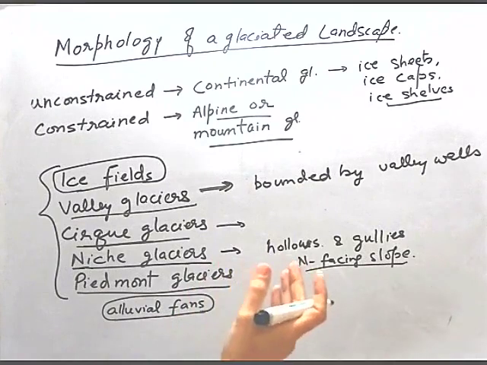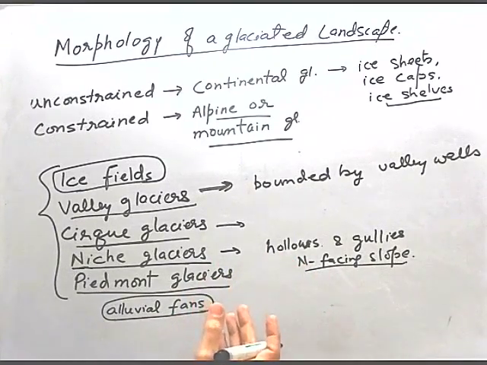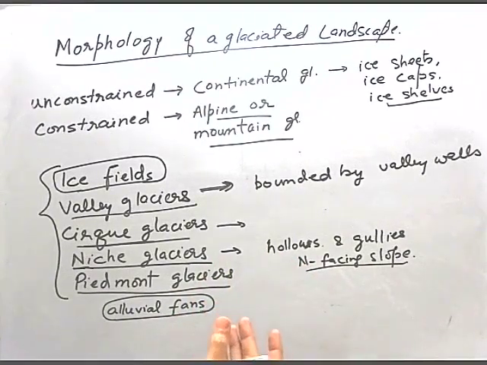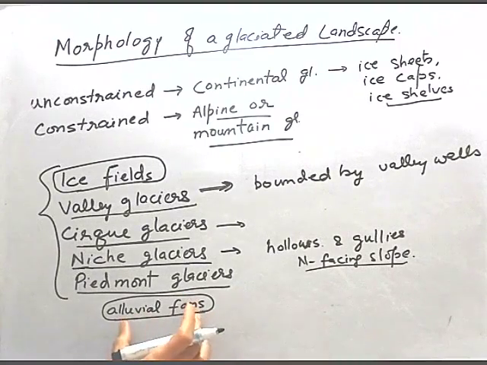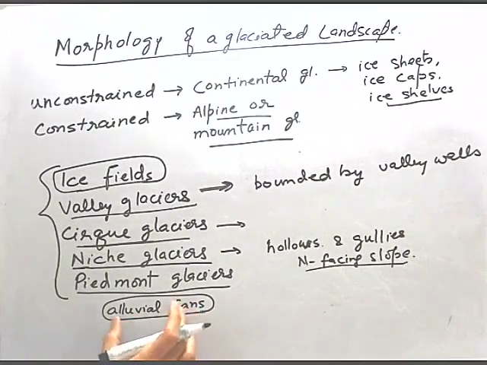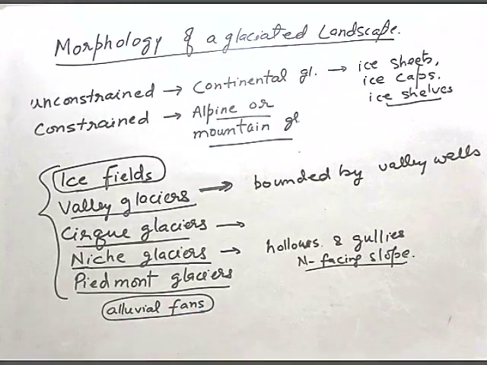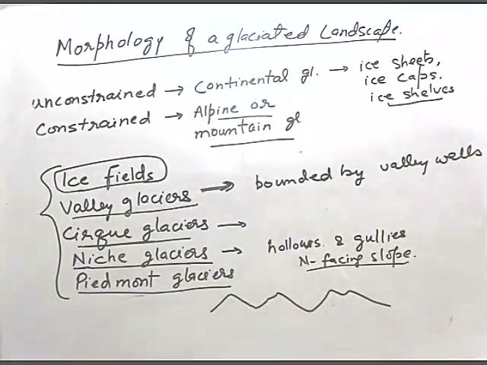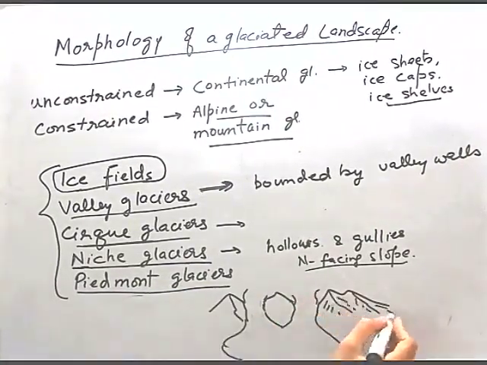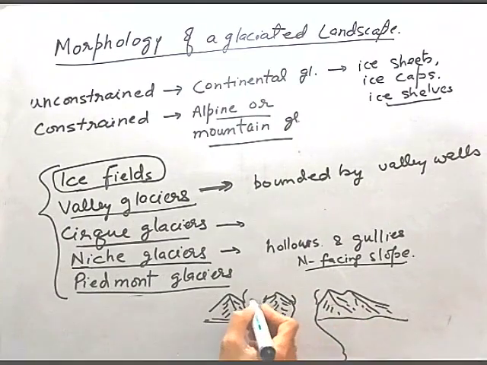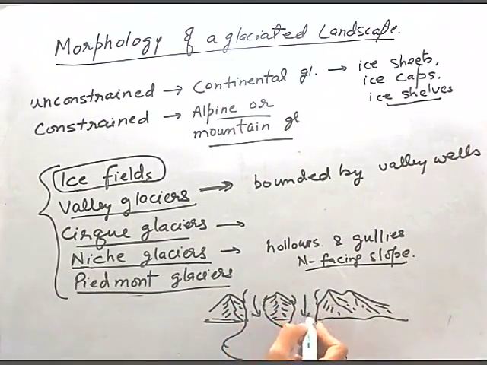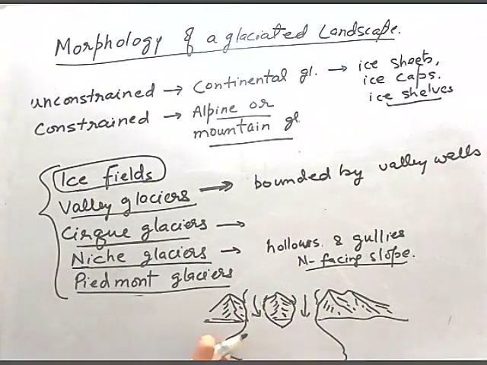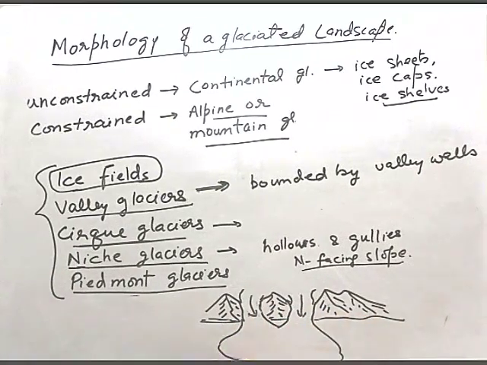Just as the rivers coming down the mountains drop their sediments at the foot of the mountains and form alluvial fans, in the same way the valley glaciers coming out of mountains, this is the mountain front, and this is one valley glacier, this is another valley glacier, when these valley glaciers emerge onto the plains, they unite, they combine and produce a Piedmont glacier.